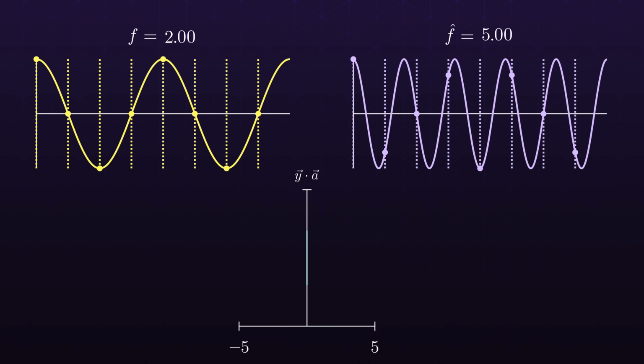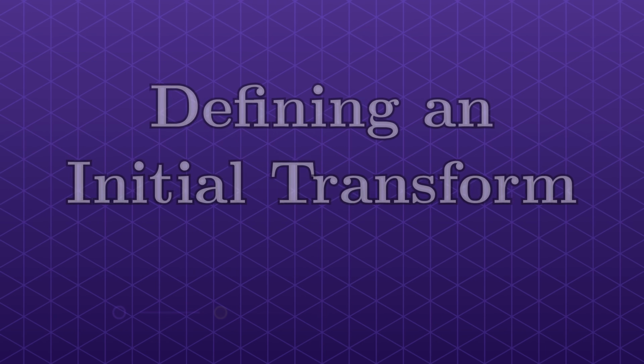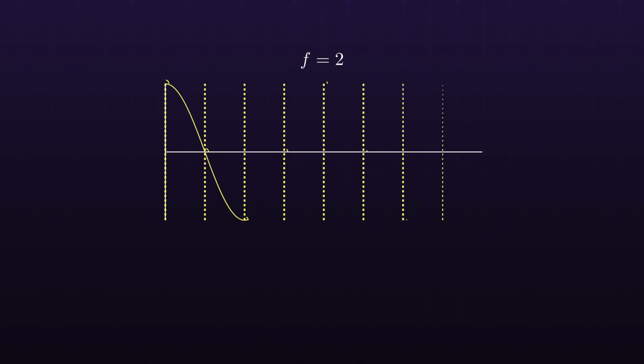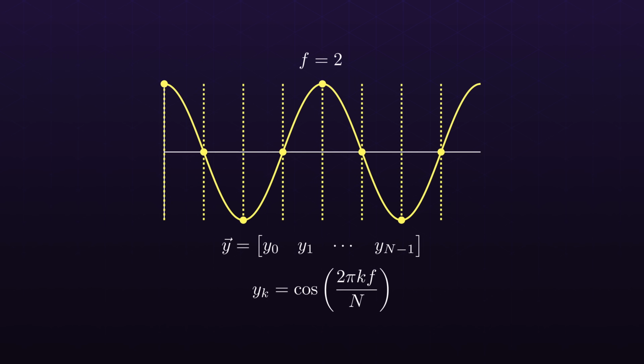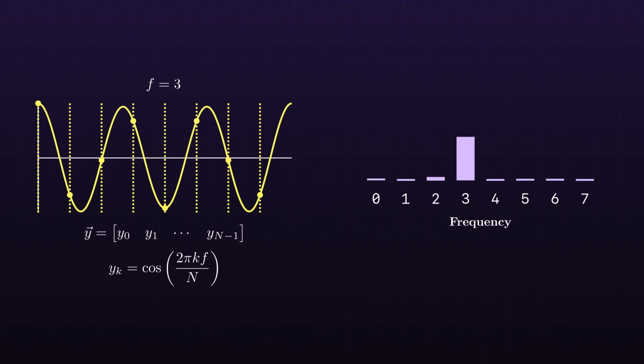So far, we've been quite hand-wavy with our treatment of what we're looking for in the DFT. To go one level further, let's formalize things a little bit more carefully. Right now we have a time domain signal which, as mentioned, can be represented as a vector of sampled points. We want to define some transformation that takes this time domain signal and gives us a frequency-based representation, where a certain set of frequencies is mapped to a value that represents a contribution of that frequency to the original signal.